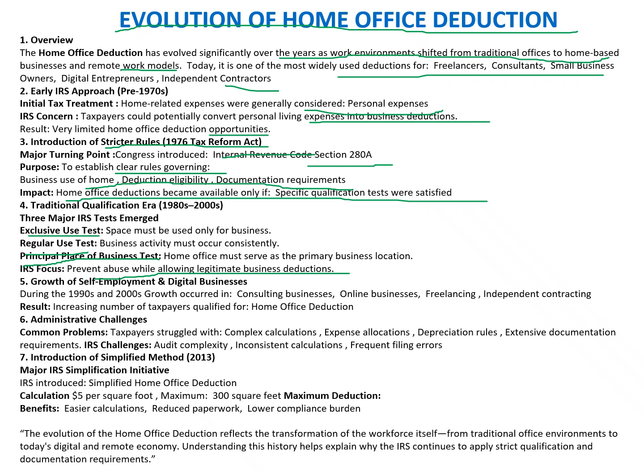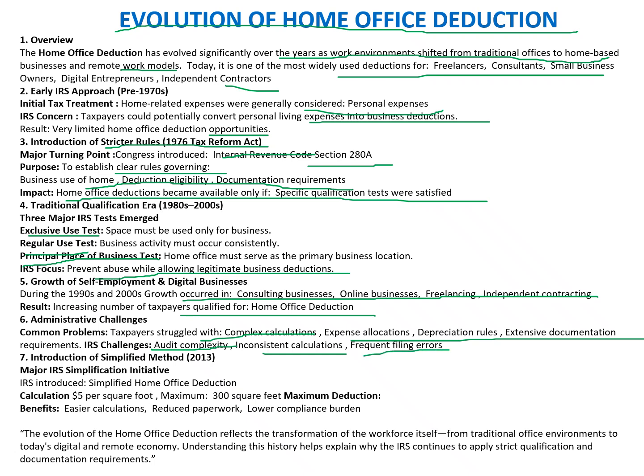During the 1990s and 2000s, growth occurred in consulting, online business, freelancing, and independent contracting, which increased the number of taxpayers qualified for the home office deduction and created a common problem. Taxpayers struggled with complex calculations, expense allocation, depreciation rules, and extensive documentation, and the IRS burden also increased because of audit complexity, inconsistent calculations, and frequent filing errors.